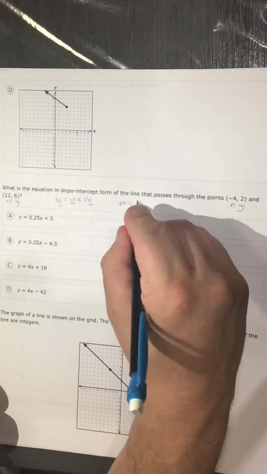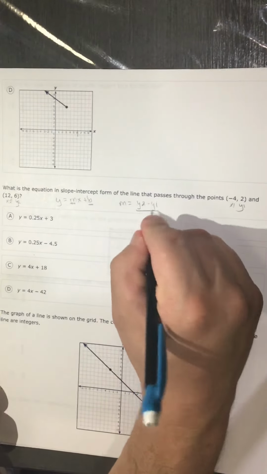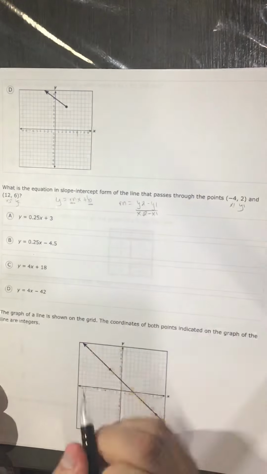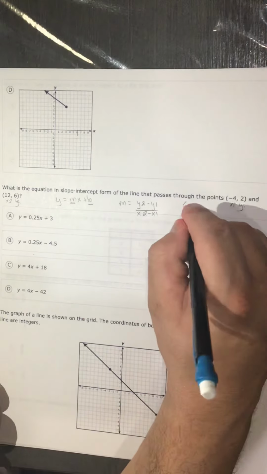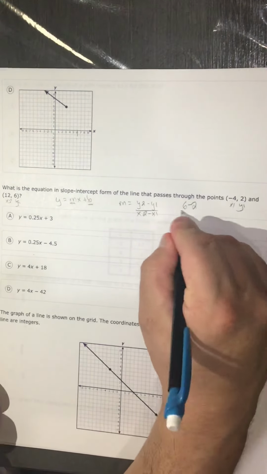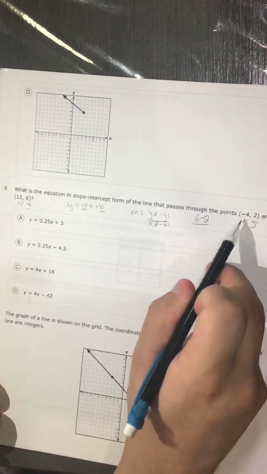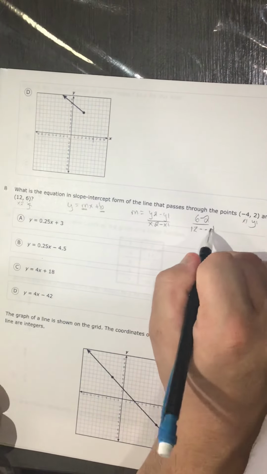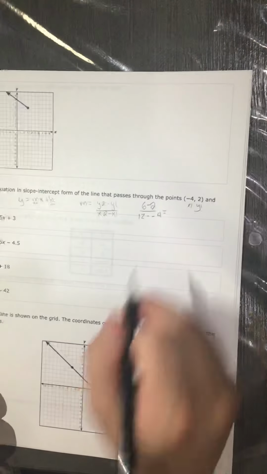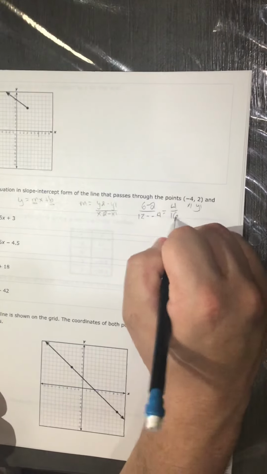m equals y2 minus y1 over x2 minus x1. If I start grabbing my numbers and plug them in, I should have 6 minus 2 over 12 minus negative 4, which in turn equals 4 over 16.